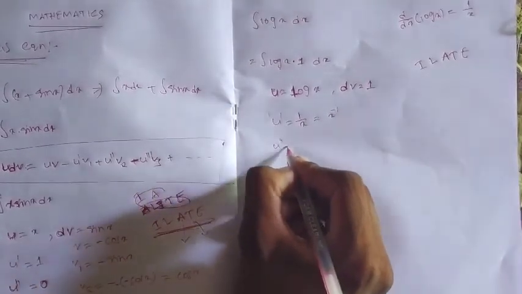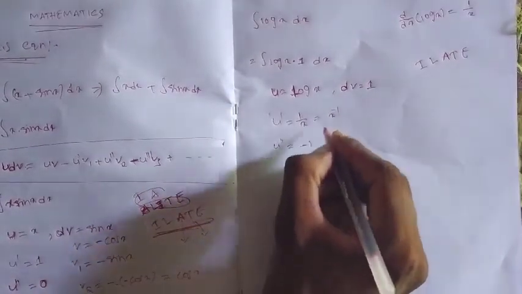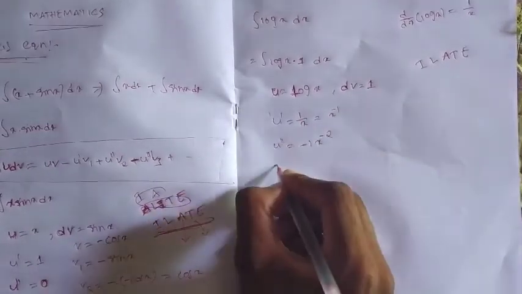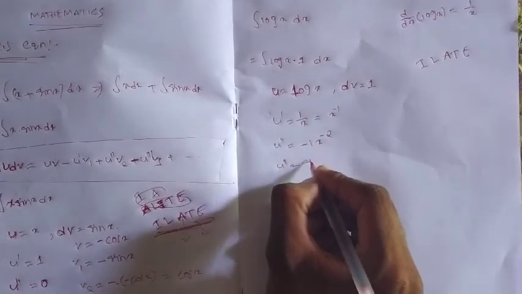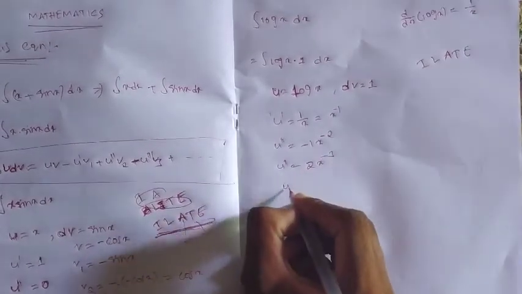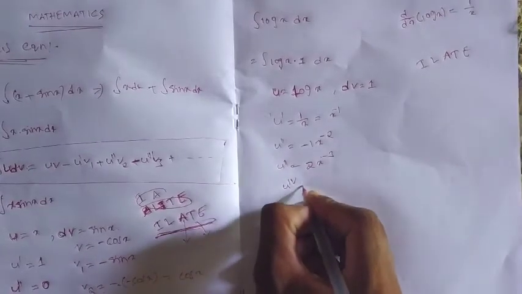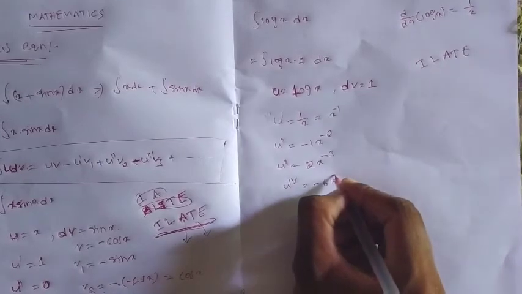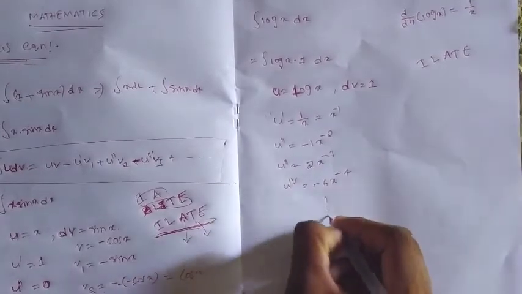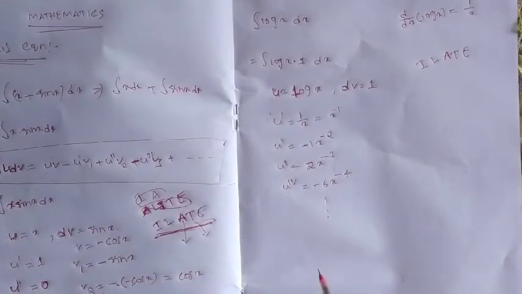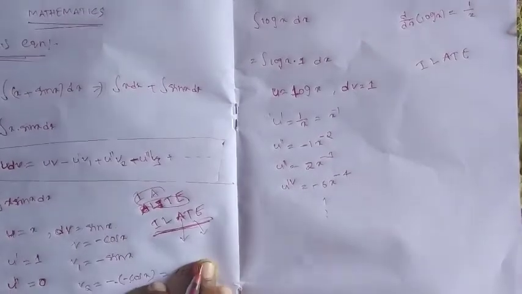So u double dash is equal to minus 1 x to the power minus 2, and u triple dash is equal to minus into minus plus 2 x to the power minus 3, u 4 is equal to minus 6 x to the power minus 4. So it goes like this. It never becomes 0. So how to integrate this log x?